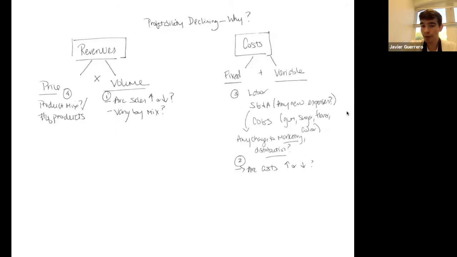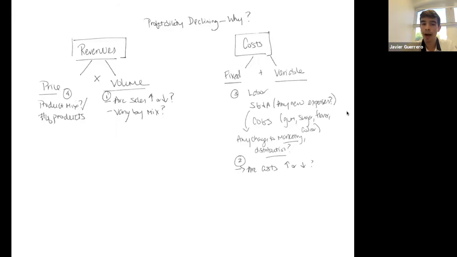Price and volume are the 2 things on the revenue side, and fixed and variable costs are the buckets on the cost side, right? Looking at the left side, we have revenues, price and volume. What makes up price? The product mix, the number of products, right? How is price impacted for your standard Trident White versus your smaller categories of Trident?